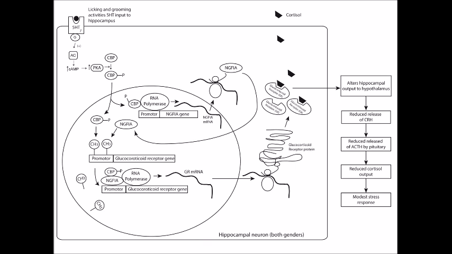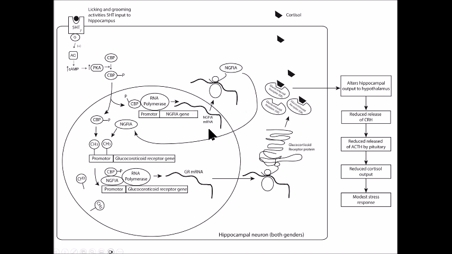Now, how does this come about? Again, this is described in the book, but when the mother rat licks and grooms, it activates serotonergic input to the hippocampus, works through the cyclic AMP system to turn on protein kinase A. We phosphorylate CBP. That comes in and will activate the transcription of nerve growth factor 1A.